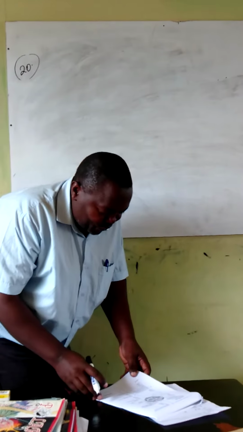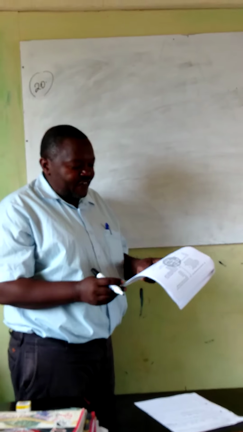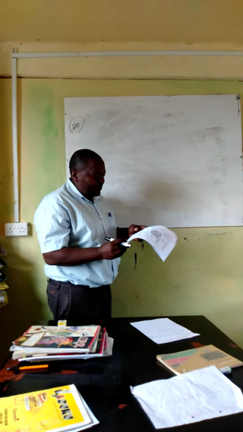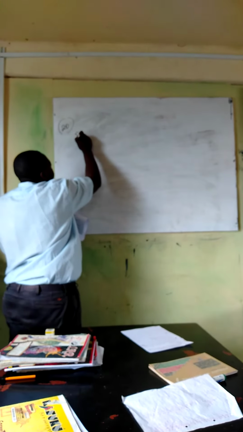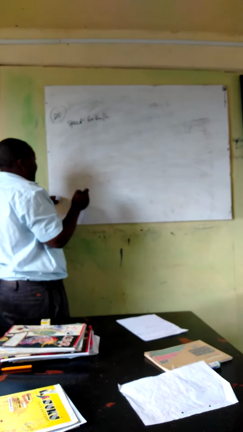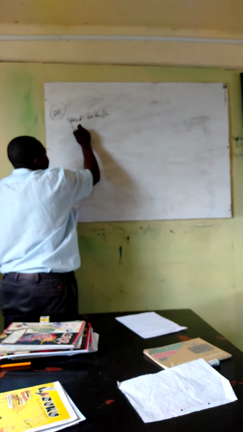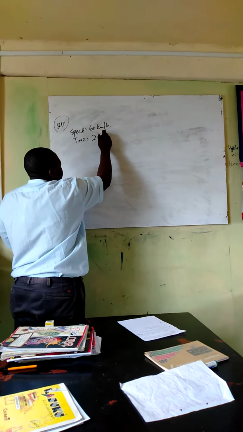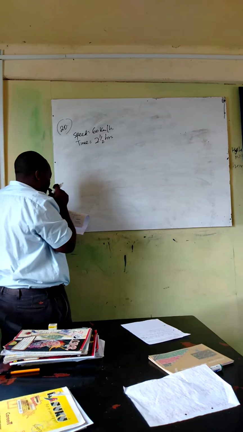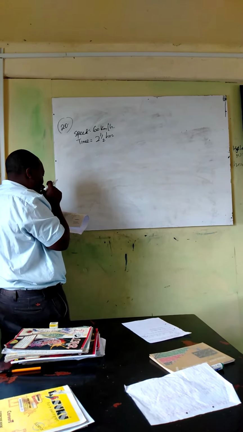Question 20. A motorist covered part of his journey at a speed of 60 kilometers per hour. So the speed is 60 kilometers per hour, and the time that he took was 2.5 hours. He then increased the speed, so we must first look at that.